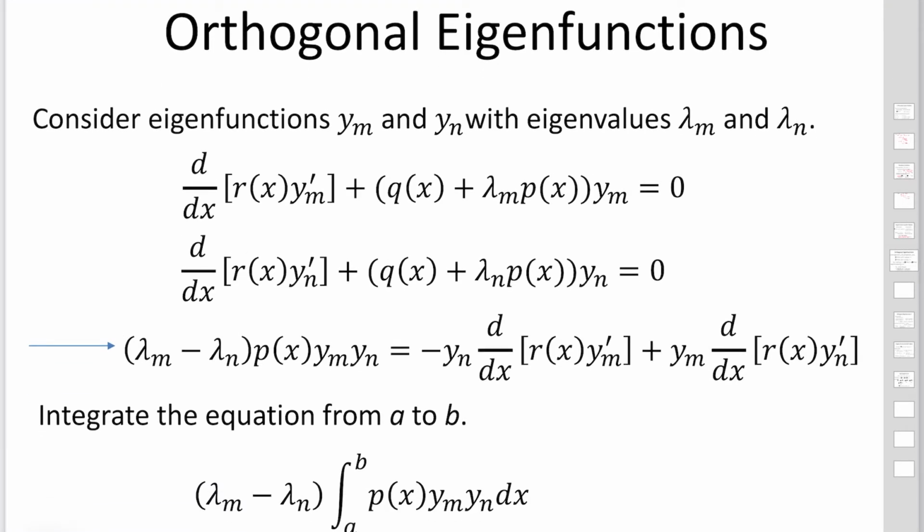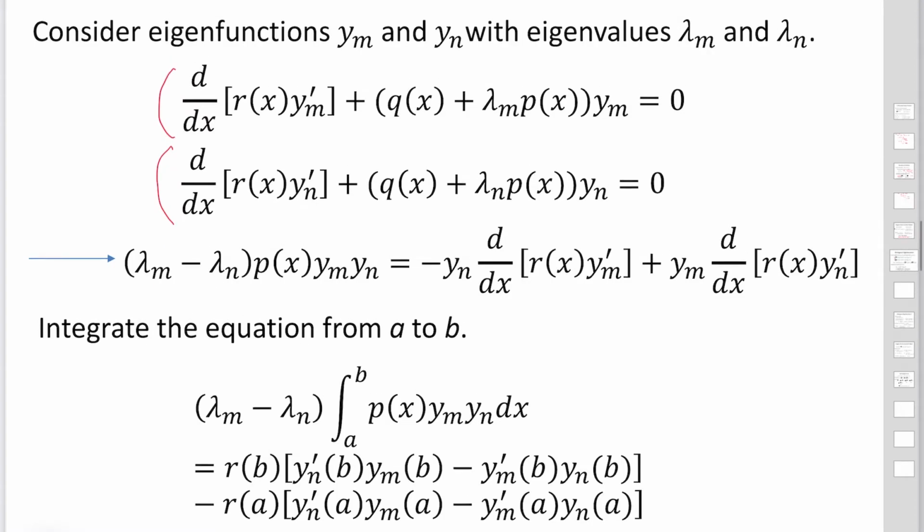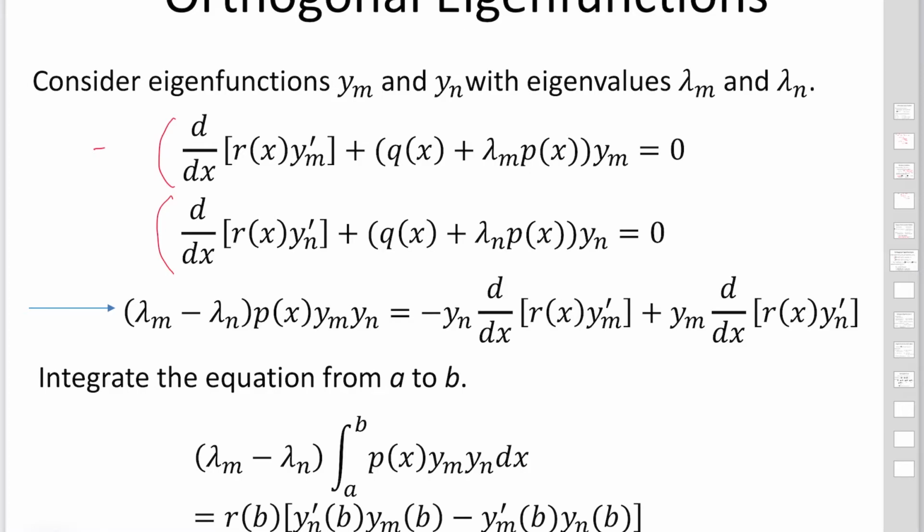You can substitute y equal y sub m and lambda equal lambda sub m into the regular Sturm-Liouville problem. You obtain this equation. And also you can substitute y sub n, and you get this second equation. You multiply the first equation by minus y sub n, and the second equation by y sub m. Then sum up these two equations.